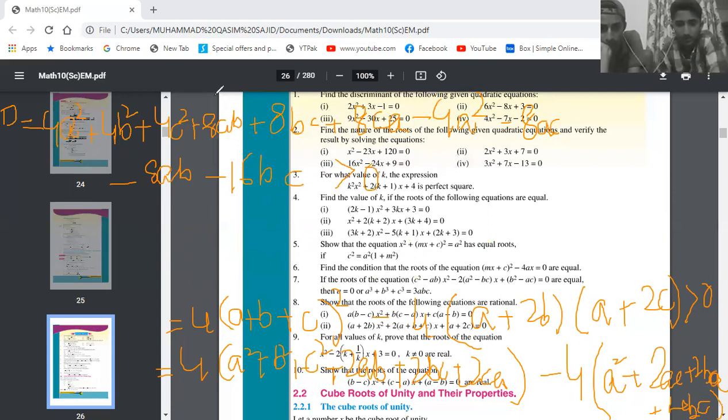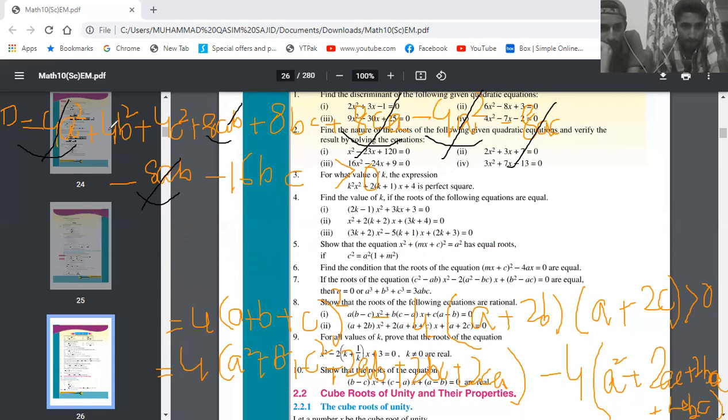Now for this equation, how to do it? The 4a square and the negative 4a square will cancel out. Then the 8ac and the negative 8ac will cancel out. The 8ab and the negative 8ab will cancel out.